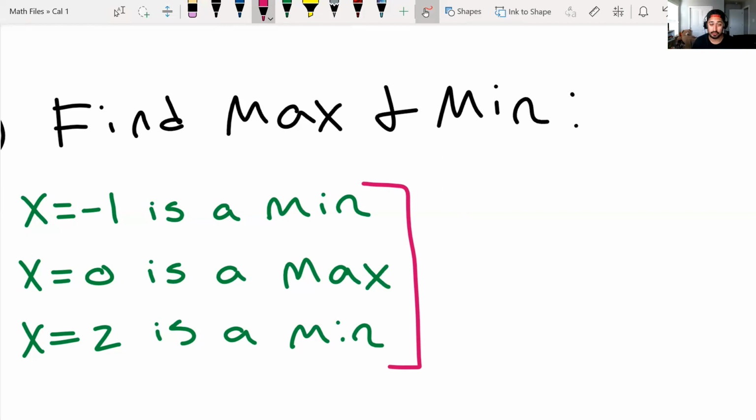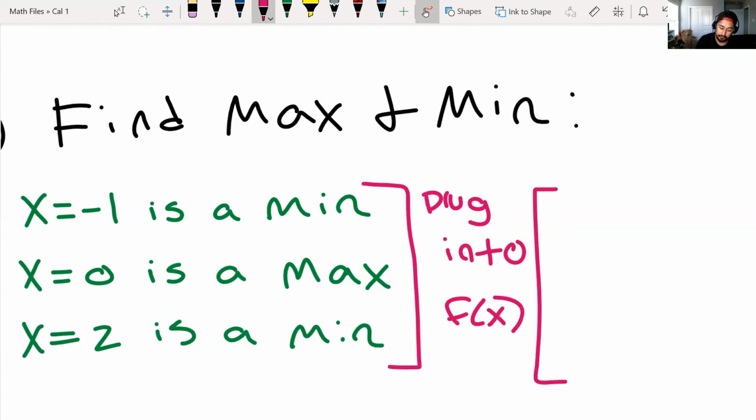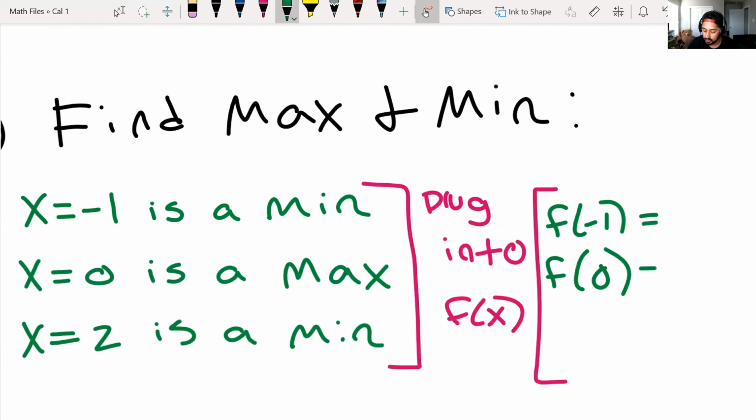So plug into f of x: I'll have f of -1, f of 0, and f of 2.